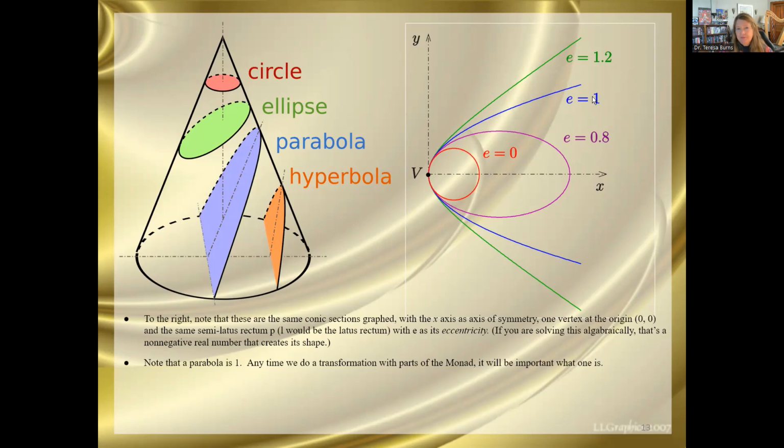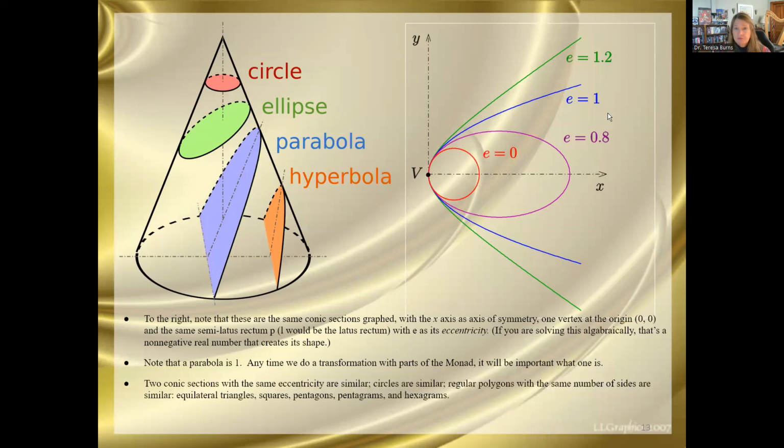And note, it's important in the monad when something equals 1, because monad, monas, is unit, sometimes 1. In fact, that's how the term monas from Euclid's Elements is often translated, including by the person who did the first English translation. All right, so conic sections with the same eccentricity are said to be similar to one another.